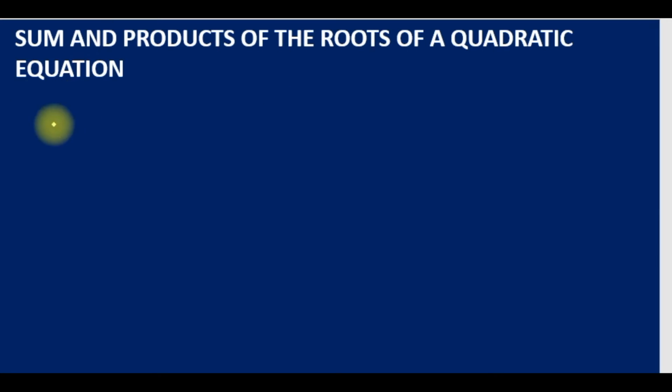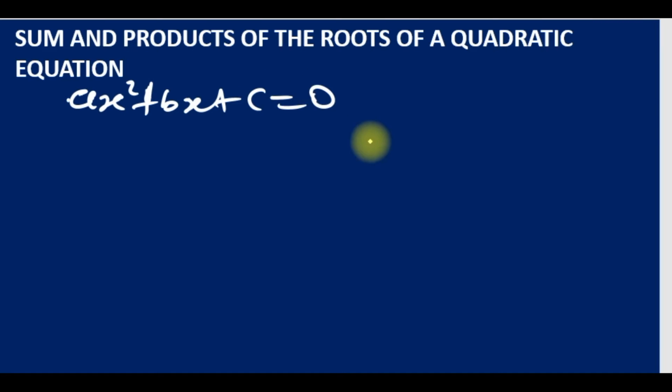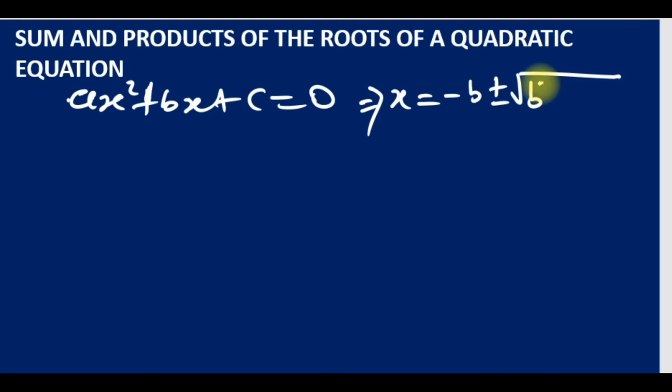So we know that a quadratic equation is of this form: ax squared plus bx plus c equals 0. And we know that if we solve for x by the quadratic formula, we'll have something like this. So that's our x. Remember, this is plus or minus.